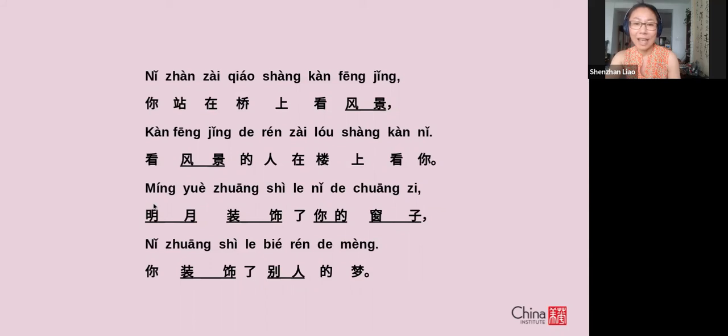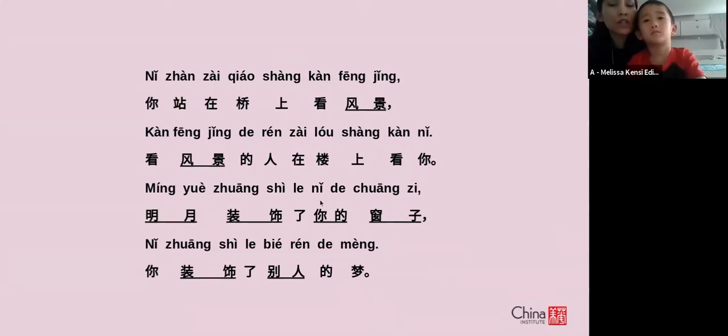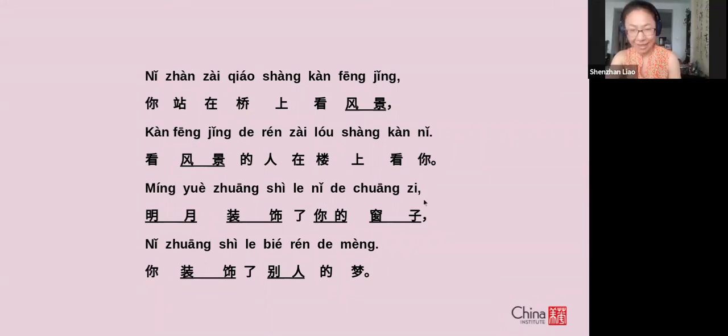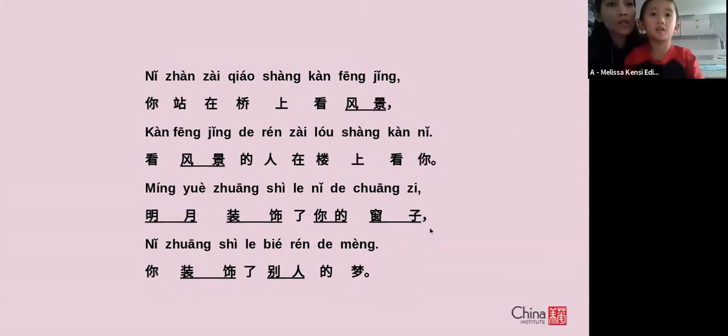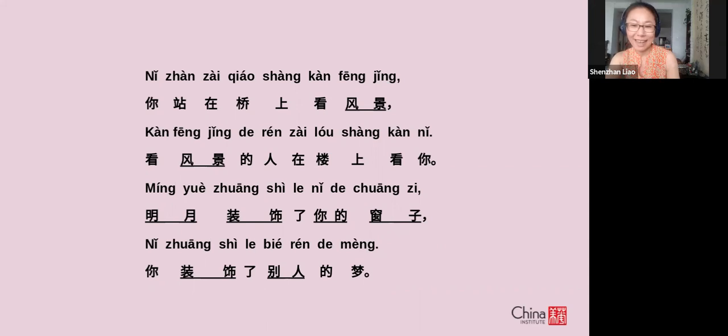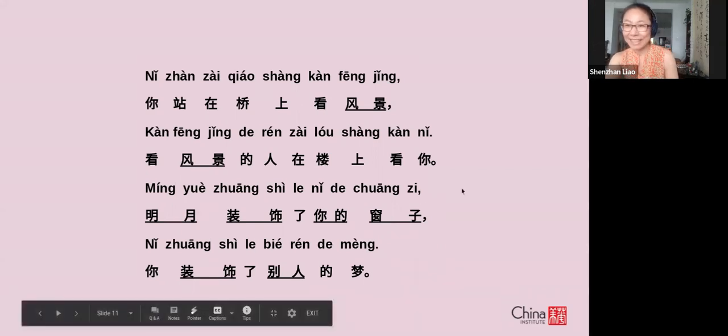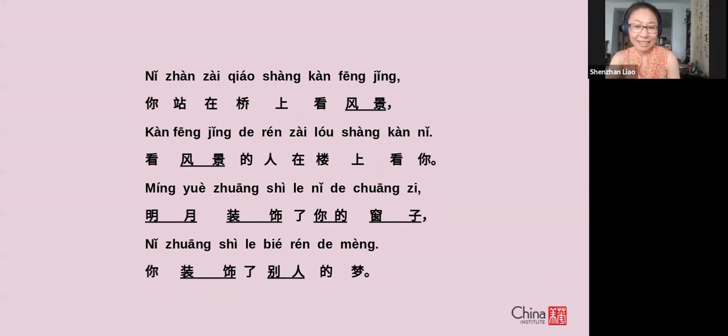So it's 明月装饰了你的窗子。So next time when you see this, do you want to try one more time? Again. Okay. 明月装饰了你的窗子。非常好，非常好。谢谢，非常好。So, last line.